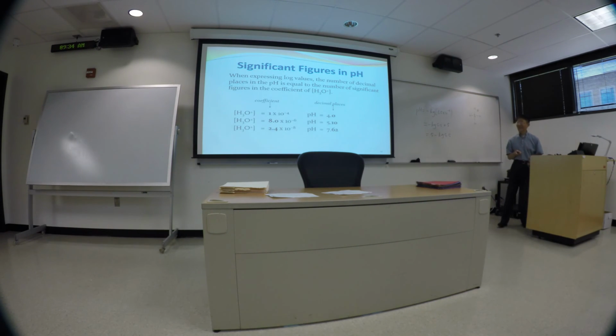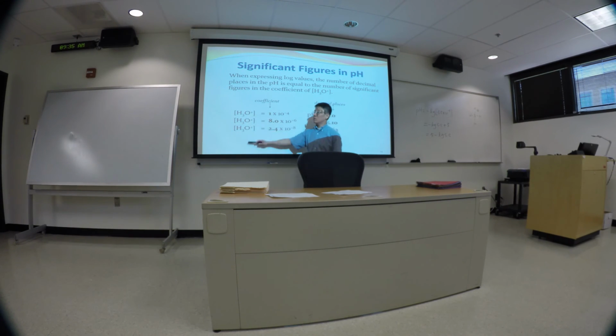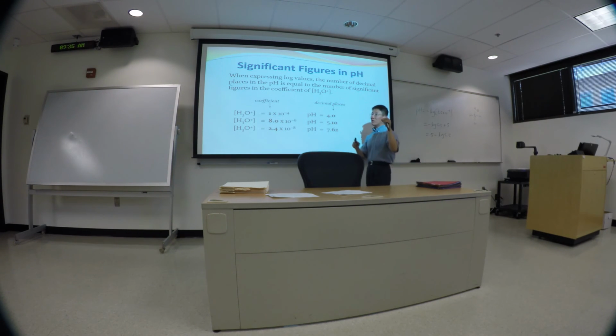Okay, so about the significant figures in pH, one thing that we do want to point out: when you talk about the concentration of the hydronium ion or hydroxide ion, we're talking about a relatively low concentration when you use the pH to measure acidity or basicity. So if you have one sig fig in the coefficient, the pH value will carry 1 decimal place.